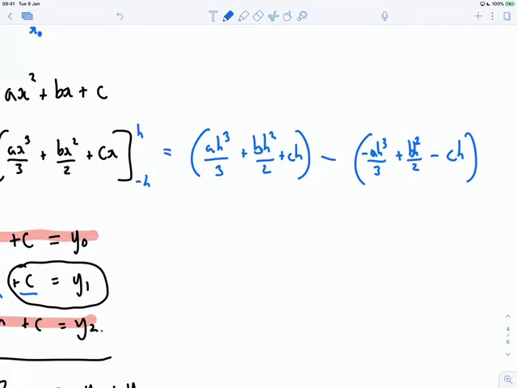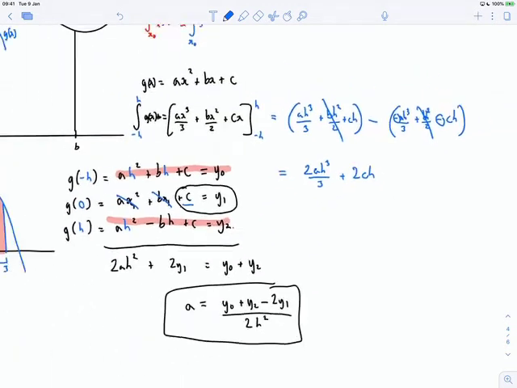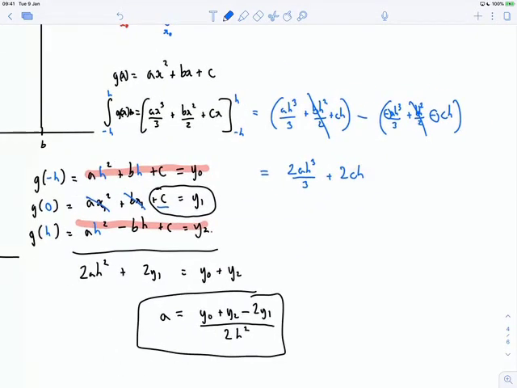And the bh squared terms cancel, and then these minuses in front, you can take them out as a plus. So actually the area is 2ah cubed over 3 plus 2ch. And now I know what a and c are, so I can sub them back in.